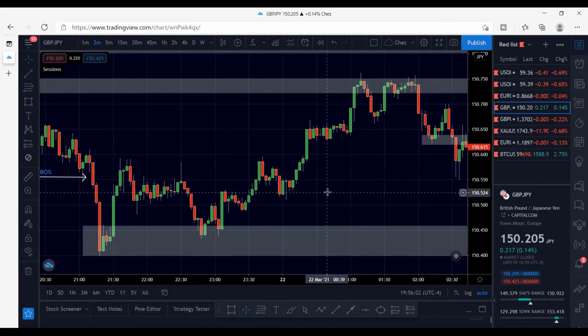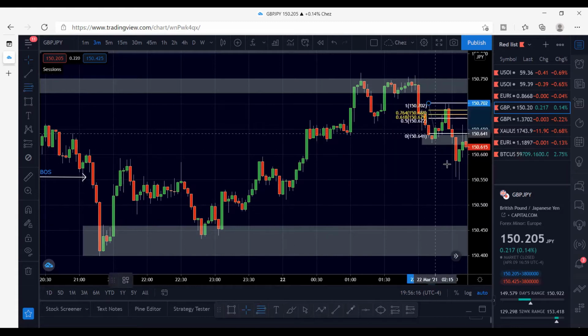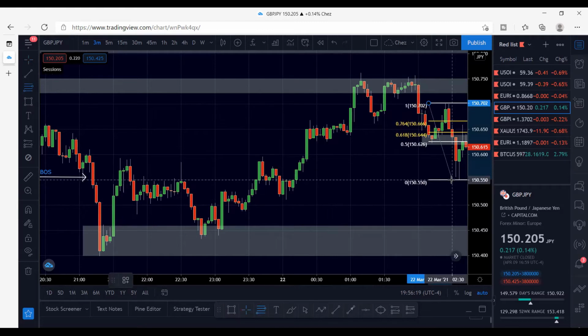Okay, I think I'm gonna take this trade right here. It's a little candle, it's a little risky, but what you can do if you think that price is going to go down further, okay, hold on, let's draw the fib just to add more confluence to it and see where it rejected from. Okay, the rejection came from generally between the 61.8 and 76.4 fib levels.